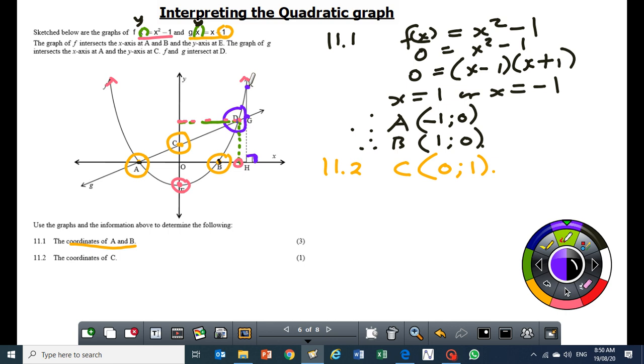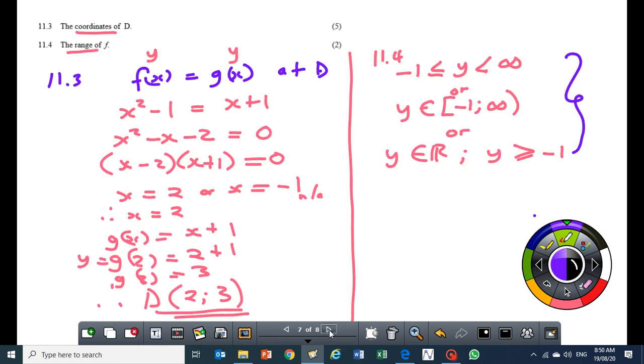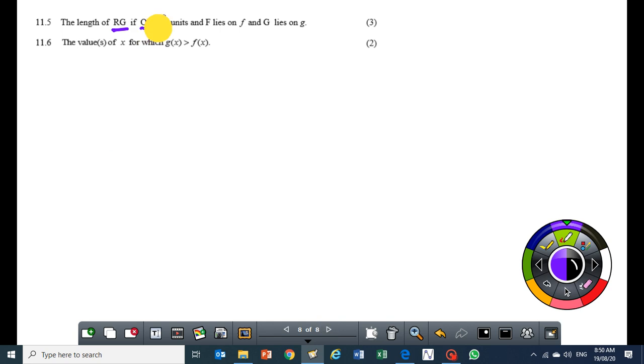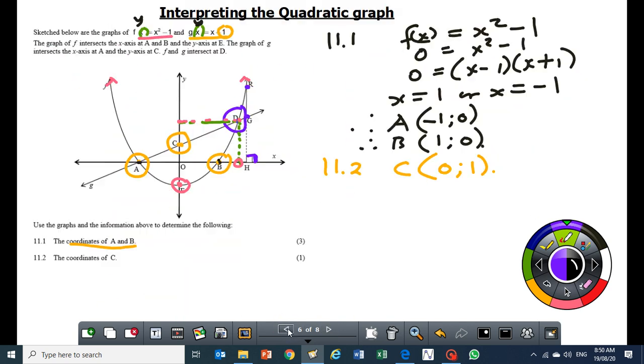But we are told that OH is 6 units. Our OH is this. It's from here up to there. Common sense will tell you that if the length from here to there is 6 units, what will be the value of x at H? 6. What will be the value of x at G? 6.